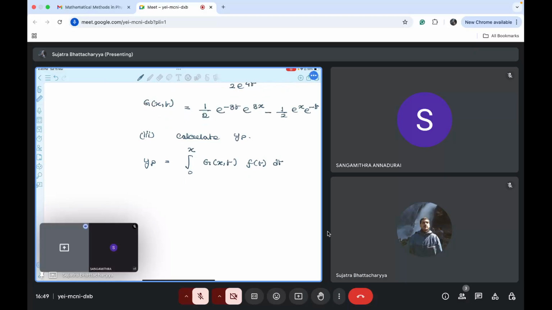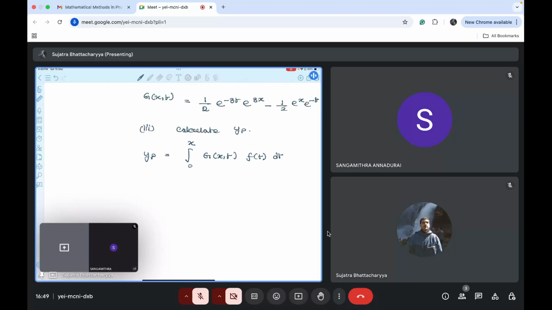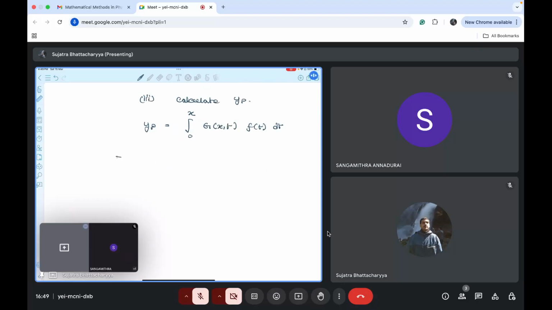Once you do this, let's solve this integration and stop for today. So from 0 to x, this is half e to the power minus t times e to the power 3x minus e to the power x, divided by 2 e to the power minus t times 2 e to the power 4t, right?